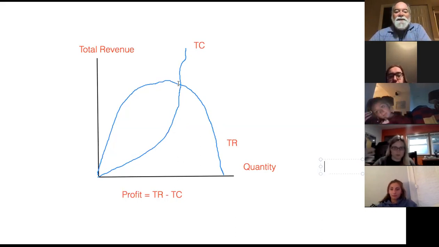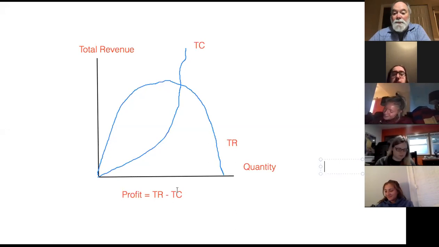How much profit is the firm making? Who's got an answer? Is this when they break even? It is. Look, Lindsay, at that intersection, total cost just equals total revenue, right? So profit is actually zero there. That is called the break-even point.